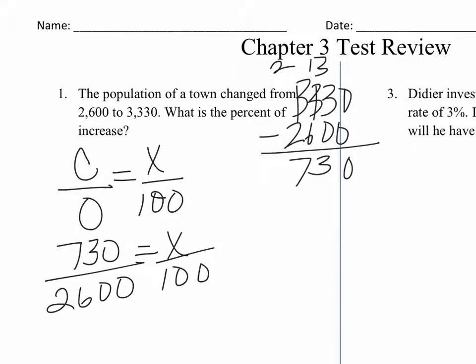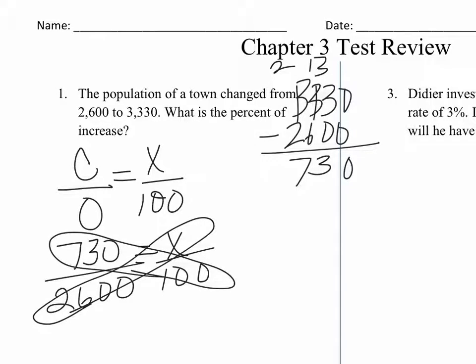To solve a proportion, you cross multiply. That would leave you with 2,600 x equals 730 times 100.